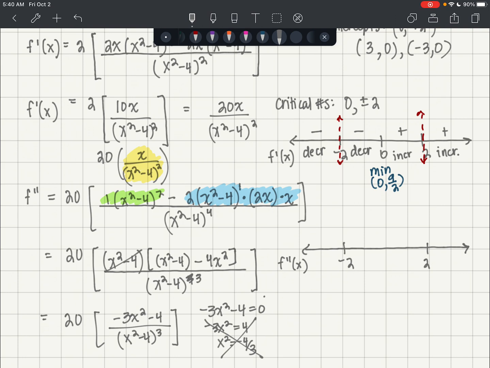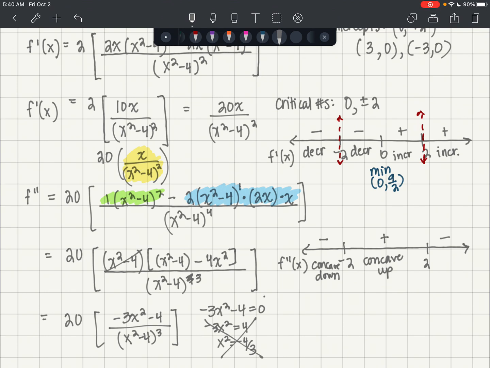Okay, welcome back. I got a negative, which means concave down. Concave down. And then I got a positive, which would be concave up.